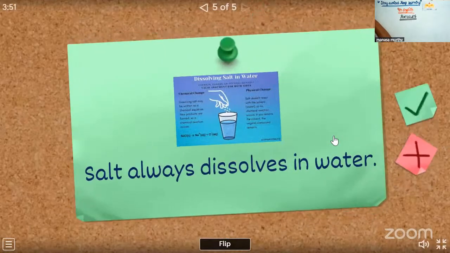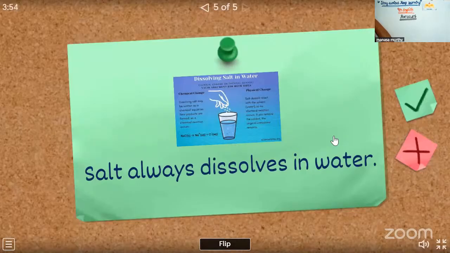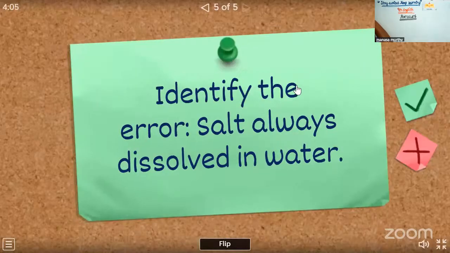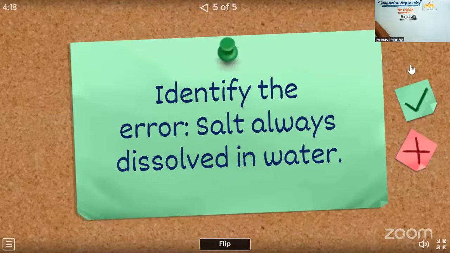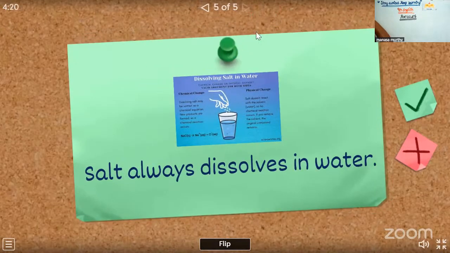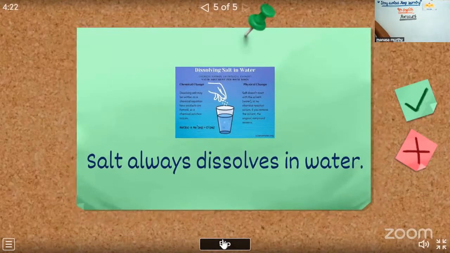We should say it as salt always dissolves in water. Okay, always dissolves in water. Salt always dissolves, not dissolved, dissolves in water. You are talking about something that always happens, so we say it in present form. Dissolves in water.